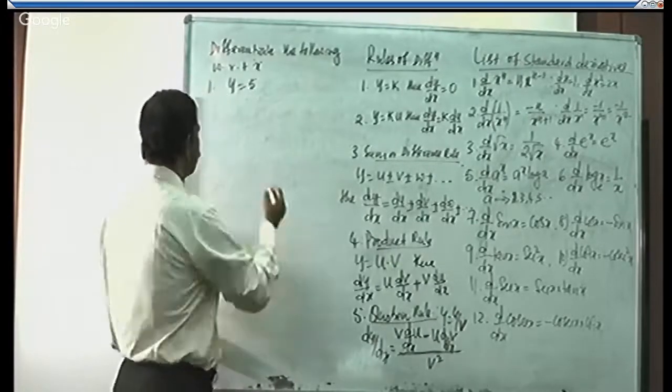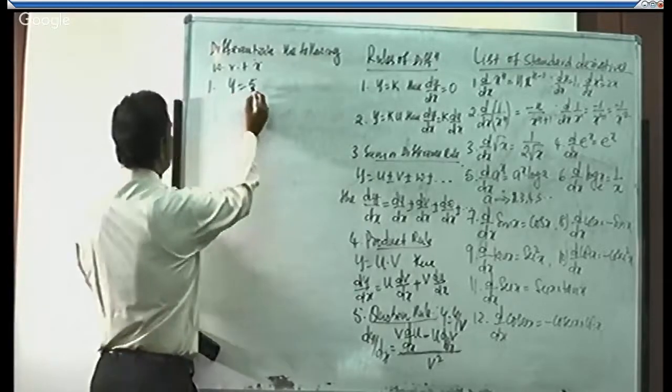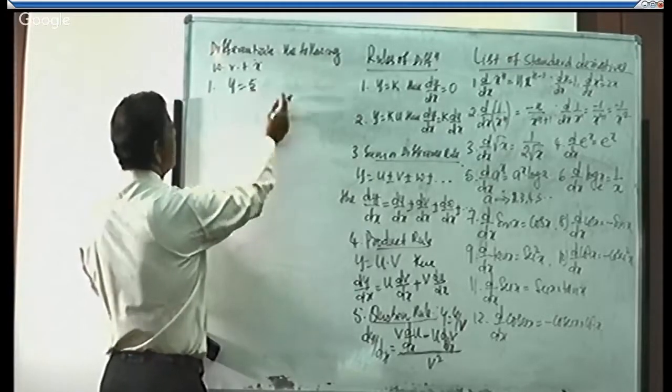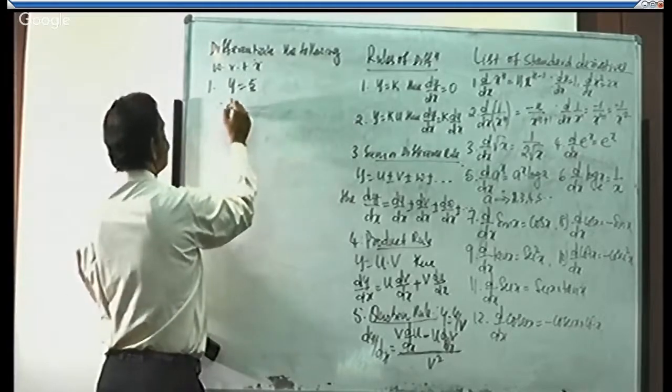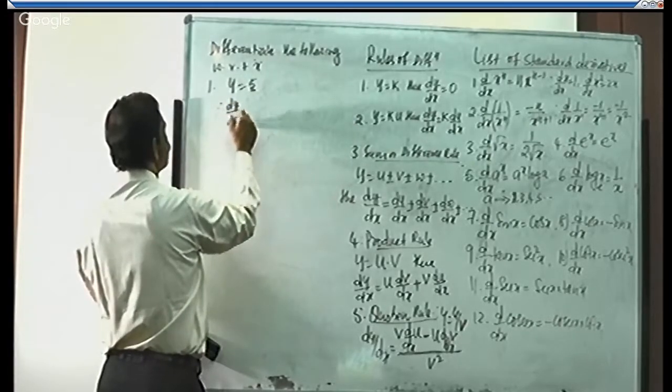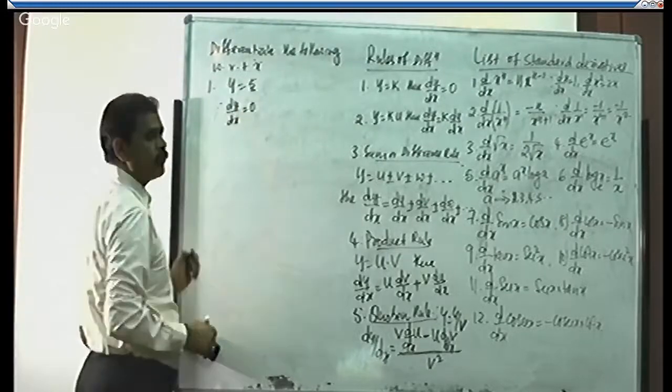Okay, suppose if y is equal to 5, what is 5? 5 is a constant, so it is a first rule. Therefore, dy by dx is equal to constant. Differentiation of constant is what? 0.